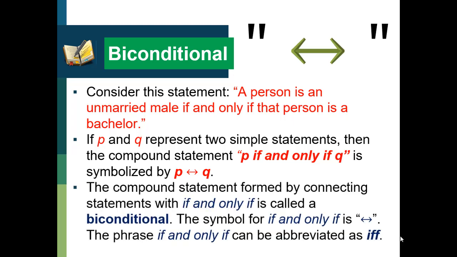Alright? The compound statement formed by connecting statements with if and only if is called a biconditional. And the symbol for if and only if is, as I have mentioned, an arrow with two heads in both ends. And the phrase if and only if can be abbreviated as IFF.